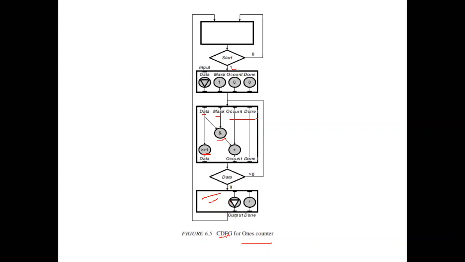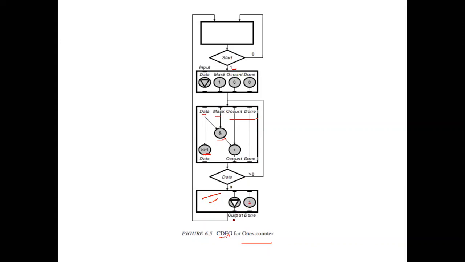In the next block, nothing has to be done over here. Whatever the output count is, that has to be given as the output, and the done signal will be given as the next thing. Here we are taking the output count, so output count will be given as the output. Done signal will be made as 1, and that will be given as the output.